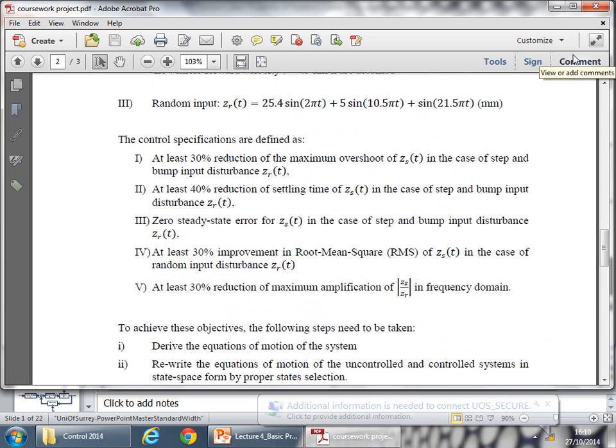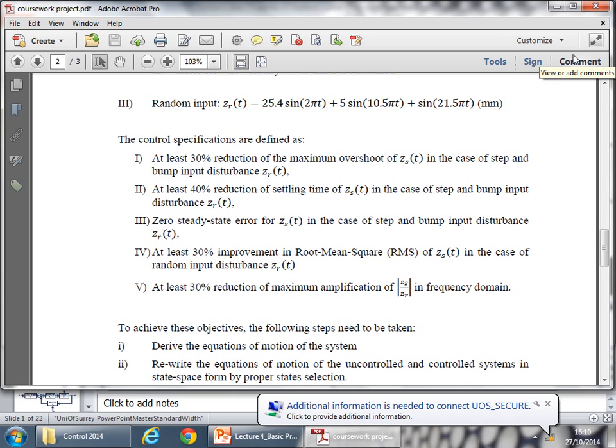this control specification: at least 30% reduction of maximum overshoot of ZST for the bump and step inputs, at least 40% reduction of settling time of ZST, and 0 steady state error for ZST for both bump and step inputs.